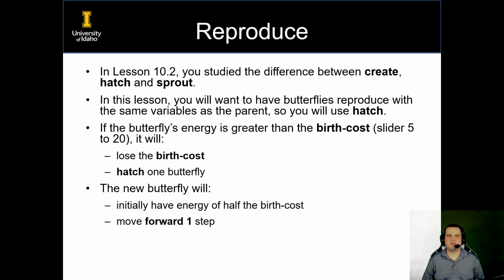The new butterfly will have the energy of half the birth cost, so it's not getting all of the energy from the parent, which is more realistic. Then it moves forward so we can see them separated right off the bat, and in case the parent's energy is low, they can potentially land on some food and move on.